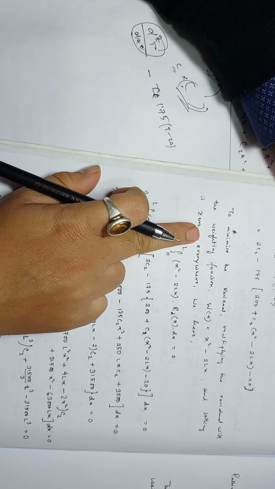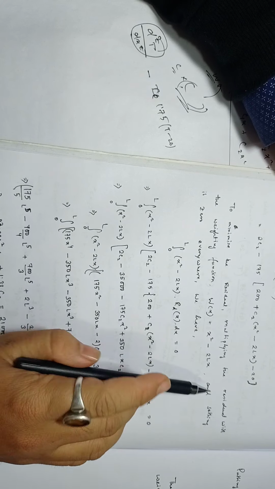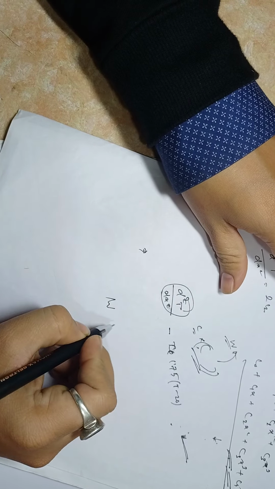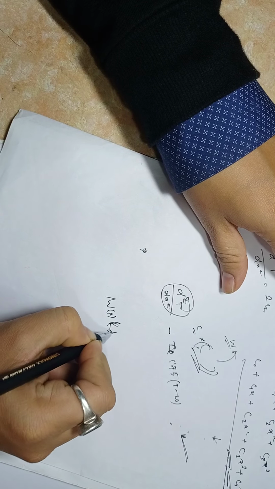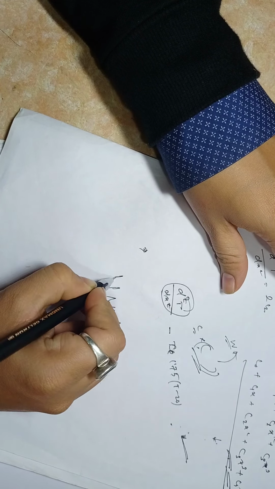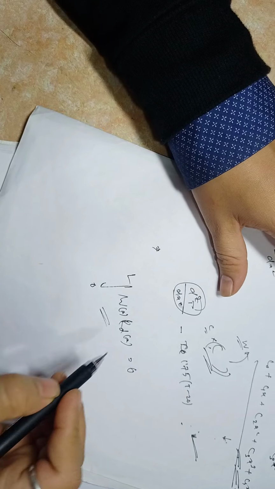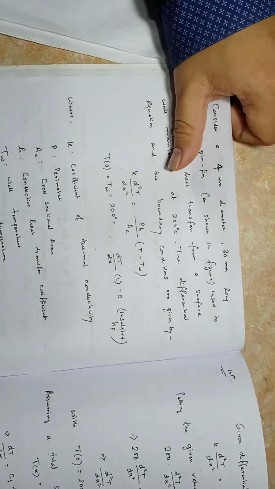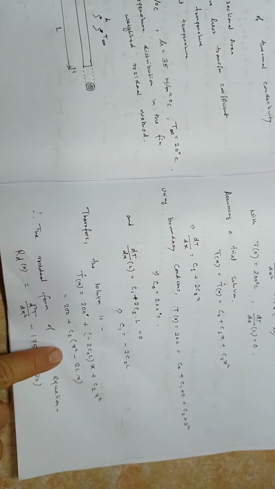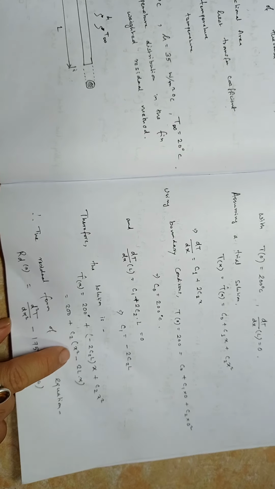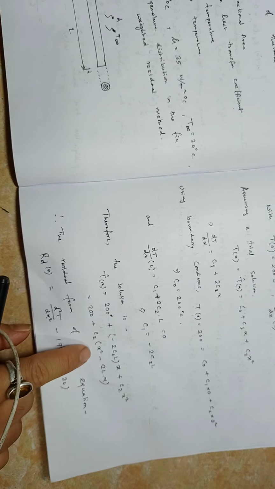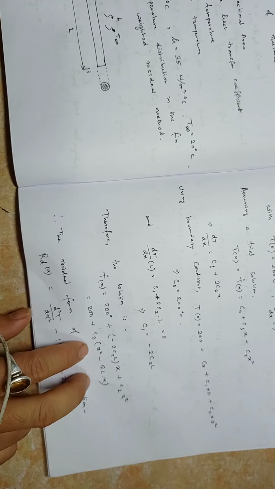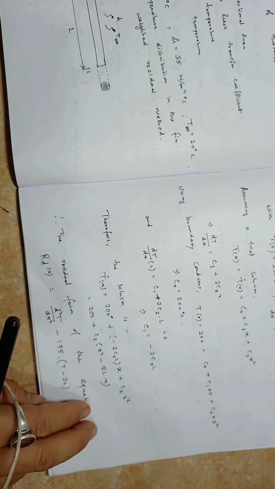So to minimize, we have to multiply a weighting function w(x) by the residual, integrate it over the domain, and set it equal to 0. The weighting function we choose is the same as the trial function. These are piecewise weighting functions.